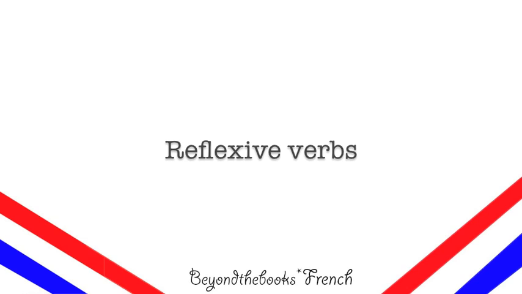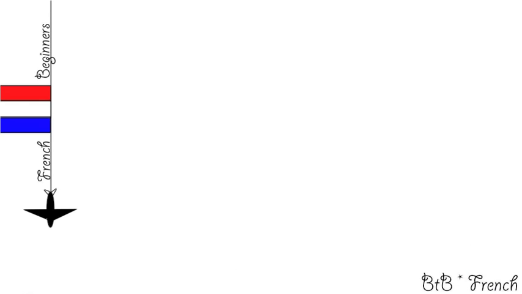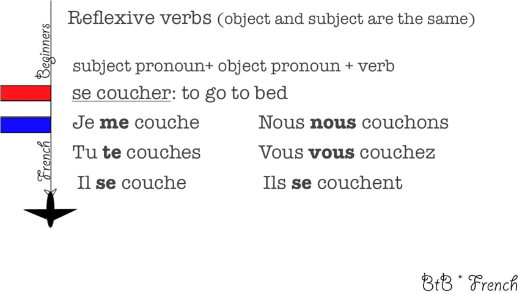Reflexive verbs are verbs where the action is done to oneself. The format for reflexive verbs is subject pronoun plus object pronoun plus verb. An example of a reflexive verb is se coucher, to go to bed.